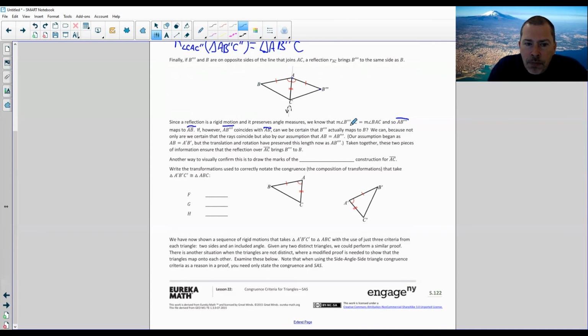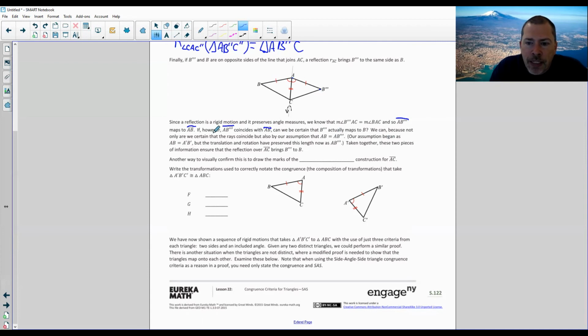How do we know that actually happens? If, however, that coincides, can we be certain that it does? And the answer is we can, because not only are we certain that the rays coincide, but also our assumption that AB is congruent to AB triple prime, or equal.